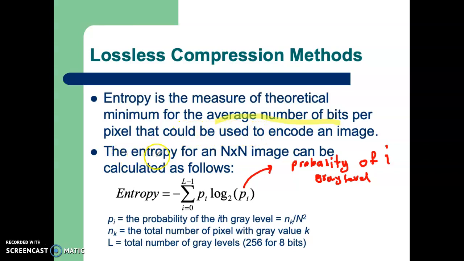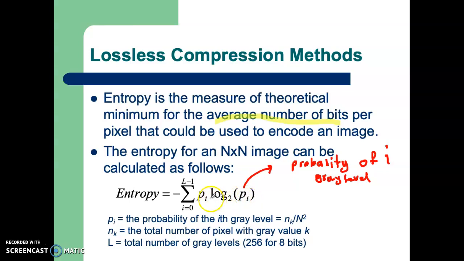For example, entropy for an n times n image can be calculated as follows: negative summation of i equal to 0 to L minus 1, probability i log2 probability i.